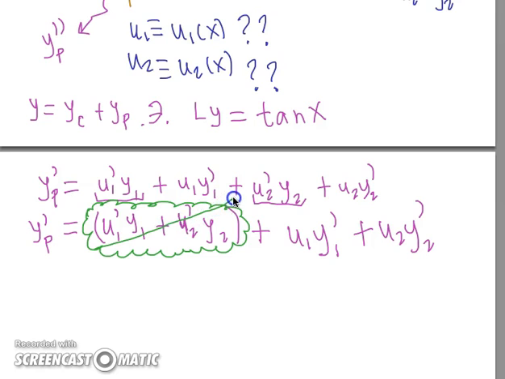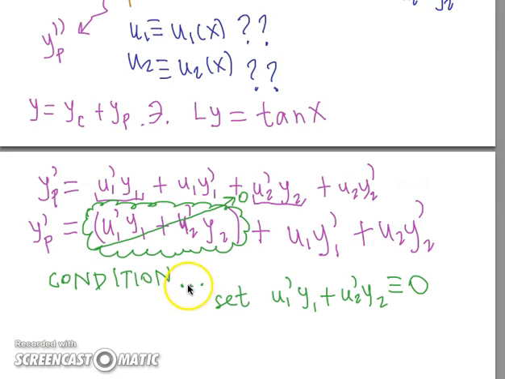If we impose a condition that this first term be equal to 0, when we differentiate again, we'll have 0 here, and we only have to take care of the derivatives of the remainder over there. So let's impose condition 1, that the first term be equal to 0.